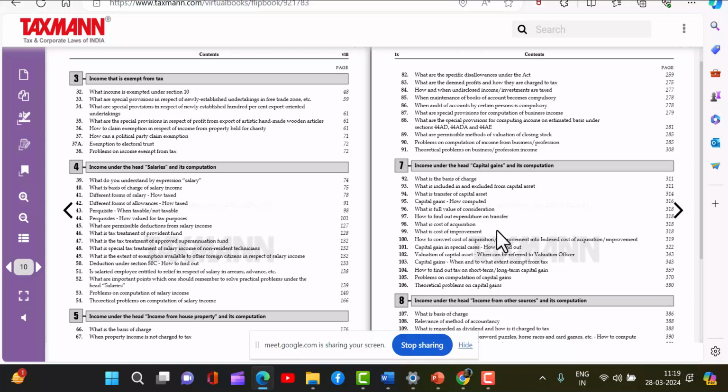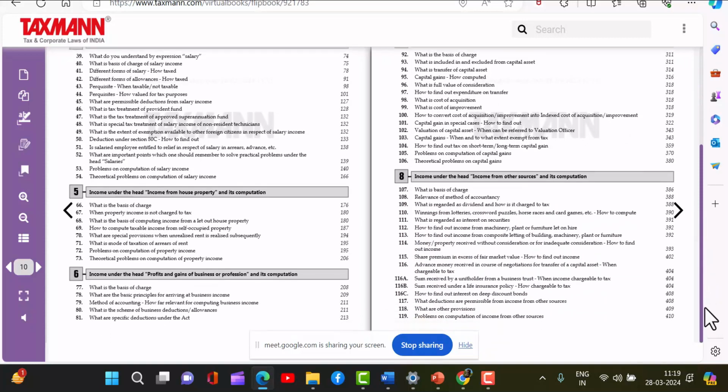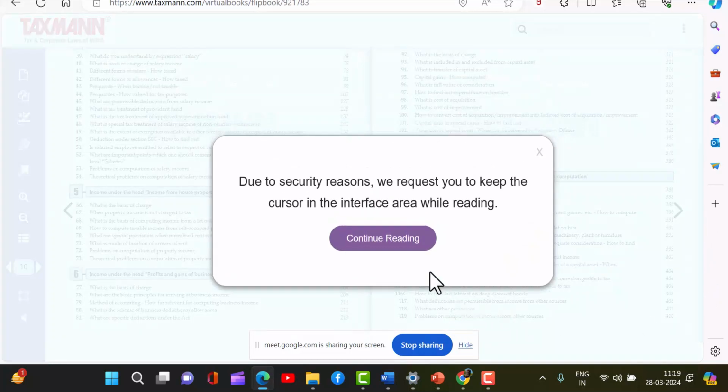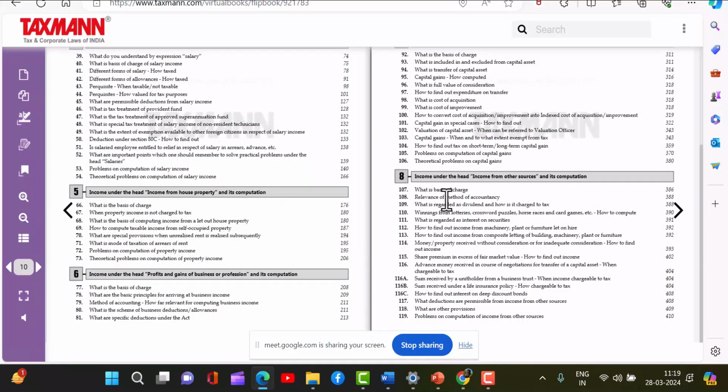This is the law regarding capital gains. Then the last one is income from other sources, like interest or dividend from companies. Many other kinds of income will be considered as income from other sources, so we are going to understand that.